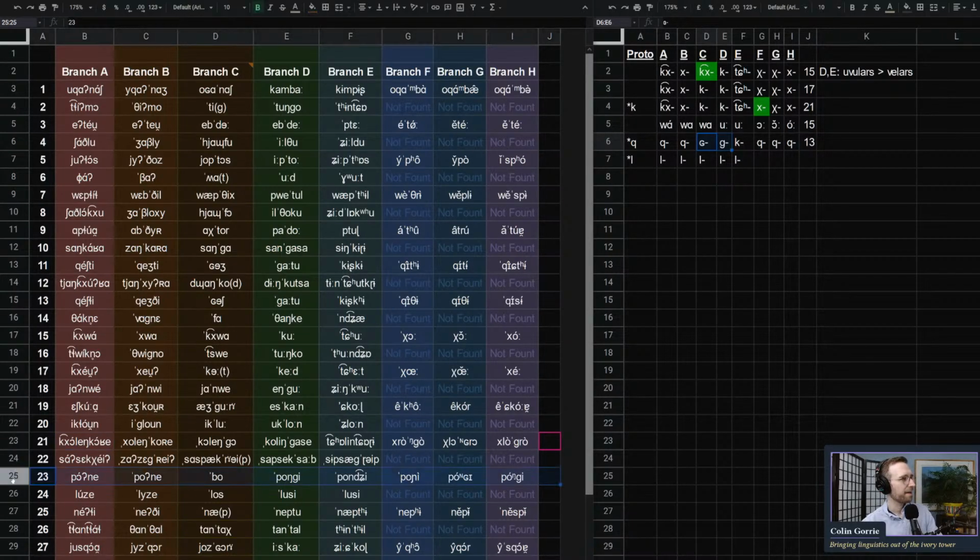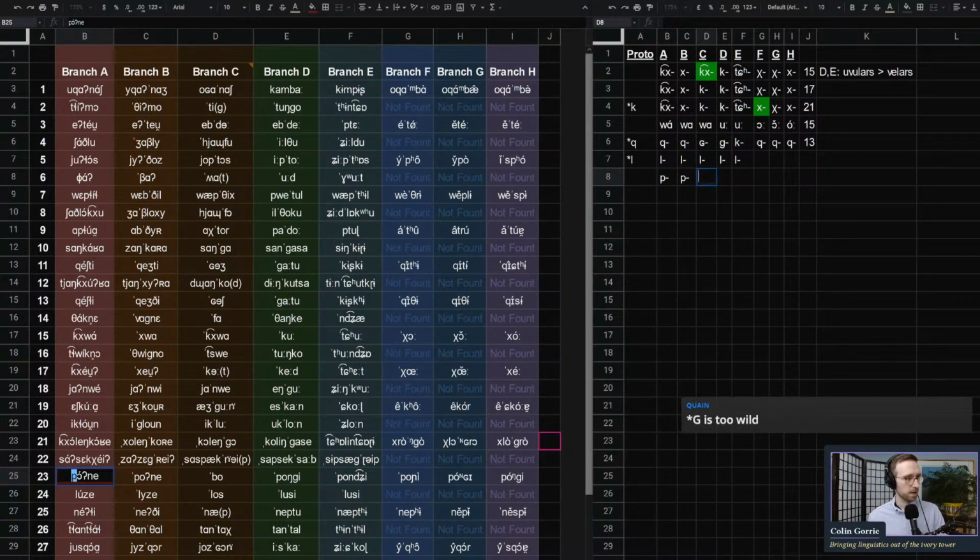Because we also have in 23 this correspondence of p and b. So everywhere we have p except in C. And this is in 23.